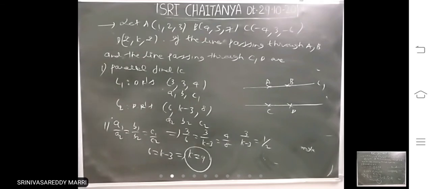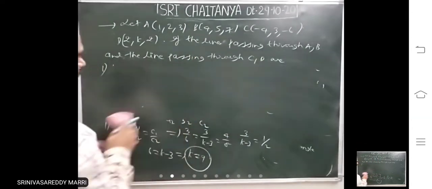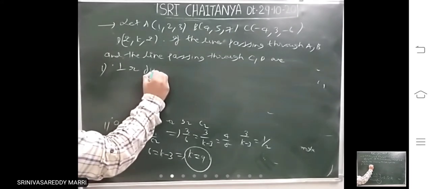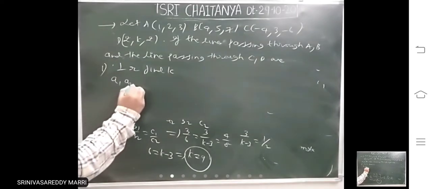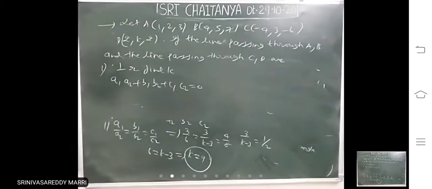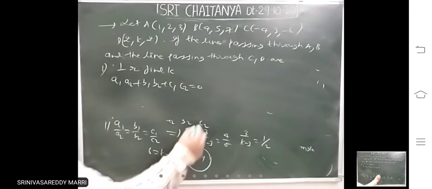So next, second question. Suppose perpendicular, find K. That means A1 A2 plus B1 B2 plus C1 C2 equal to 0.